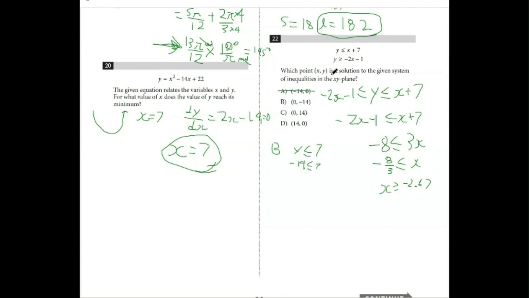But if I put the 0 here, minus 14, this is wrong. So B is eliminated. C, so 14 is less than or equal, nope, that's not true. So the correct answer choice here is D, as in David.